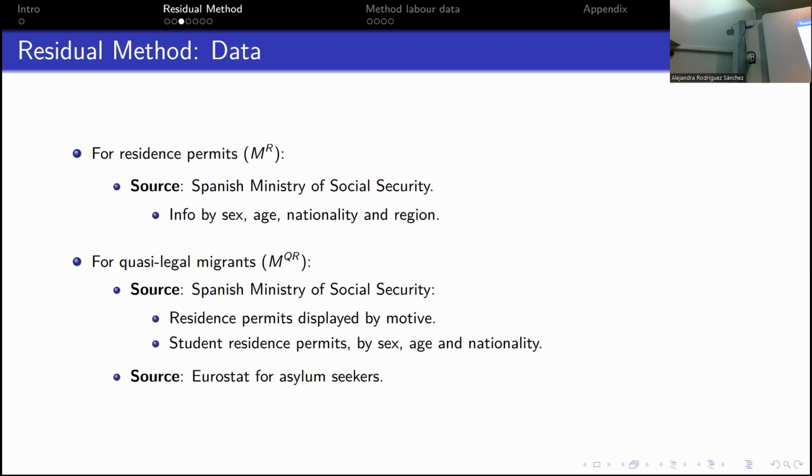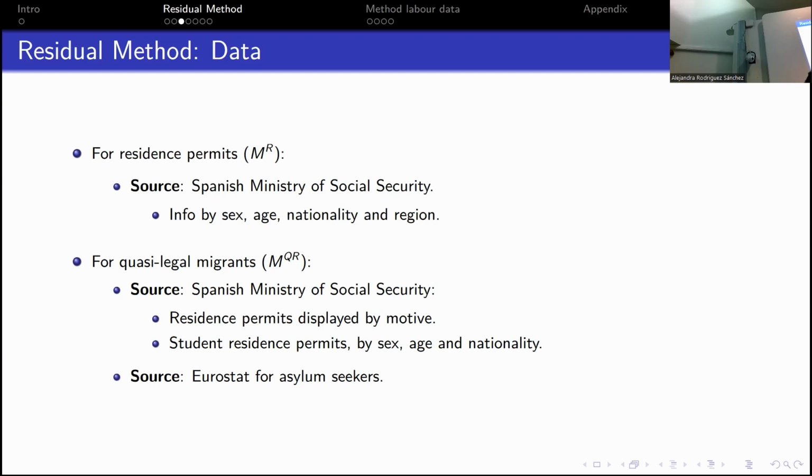They can also give you, and this is very important, the motive of the residence permit, and also the type: whether it's permanent residence, or temporary for 1 year or 2 years, whether it's for family reunification, for labor motives, etc. So it's very good data. And this is important for the estimation of the third term, the quasi-legal or quasi-regular, because here there is an assumption.